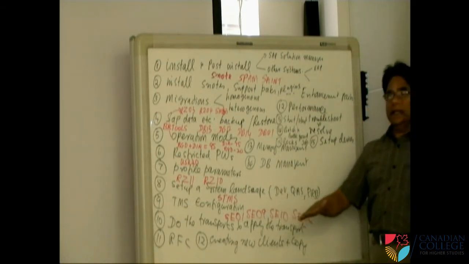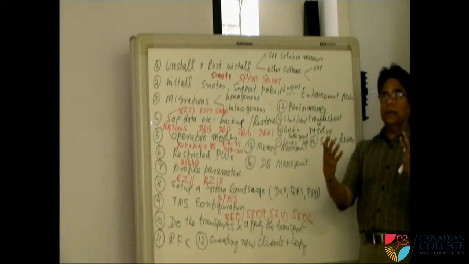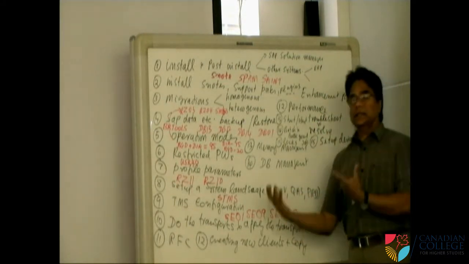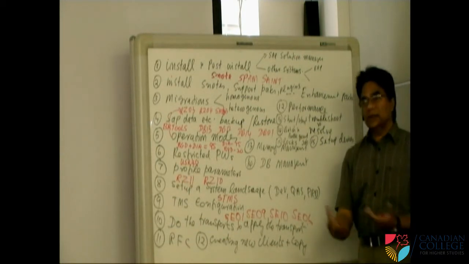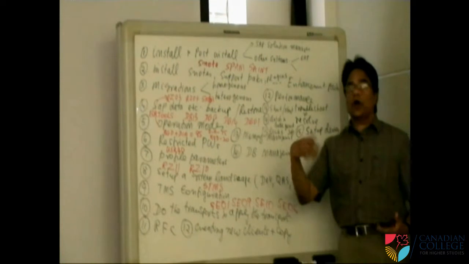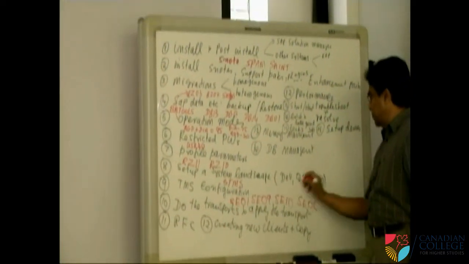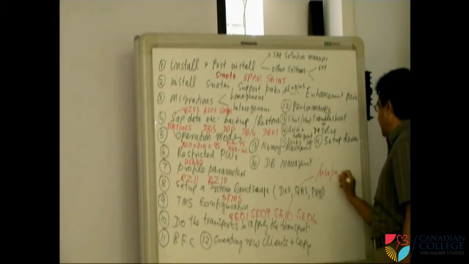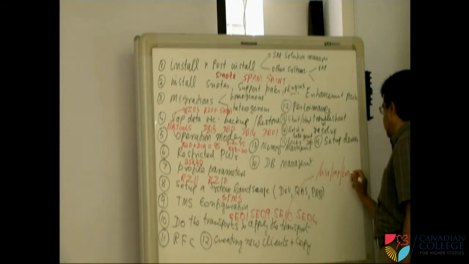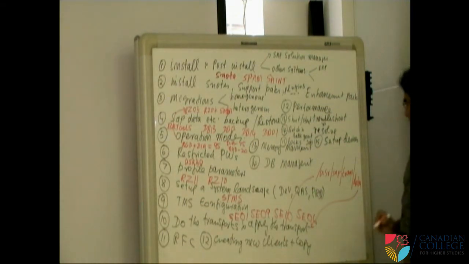The transports are created at the SAP level, but it can't be moved from one system to another system at the SAP level. If it has to move from one system to another system, it has to go to the operating system level. So the transports will be going to a directory called /usr/sap/trans/data. So all your transports will be here, right?